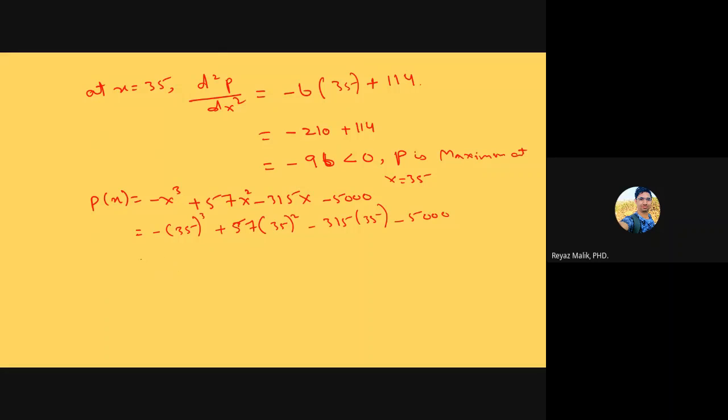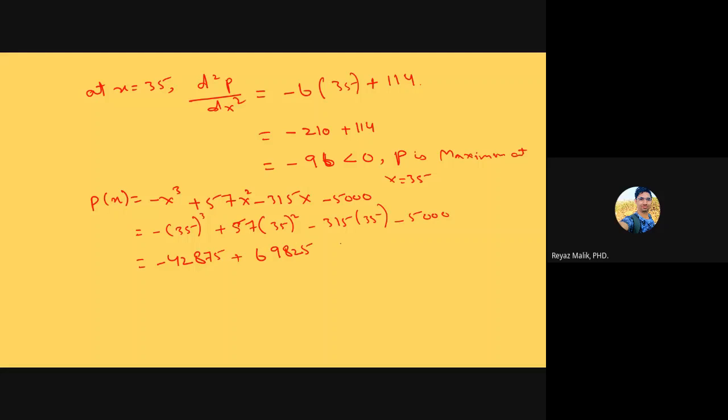It will come minus 42875, plus 35 into 35 into 57, which is 69825.